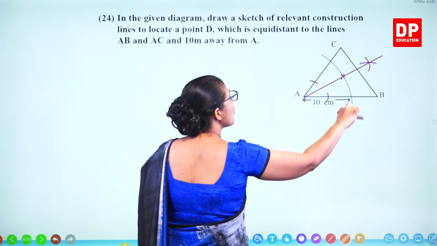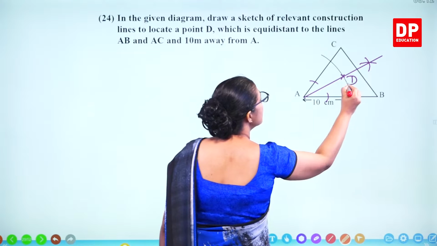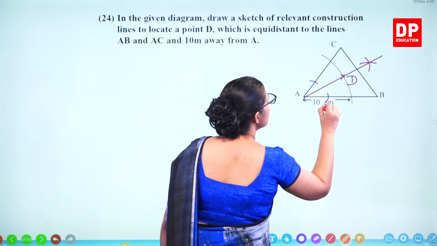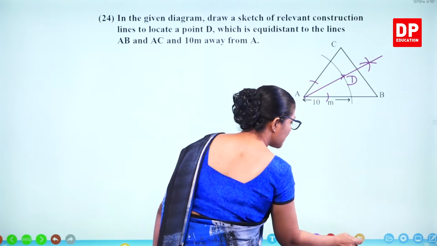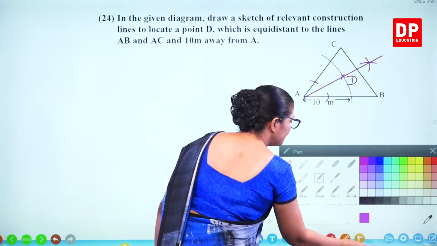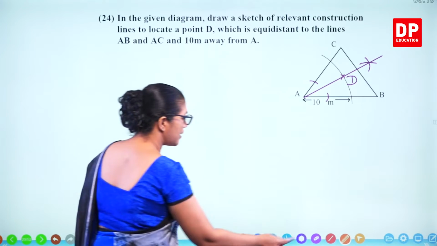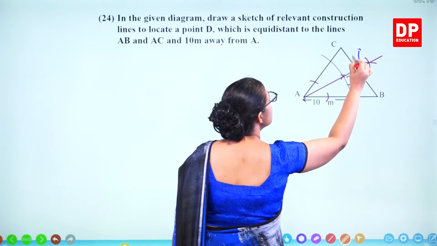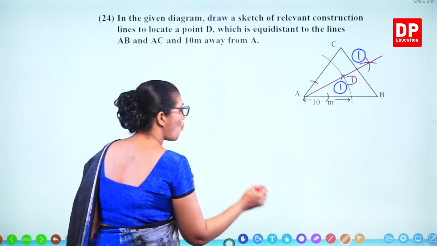When you draw this arc 10 meters away, D is here. So I'll delete this one. This should be in meters. So that's the D point. So marking the point D, angle bisector 1 mark, and the point 1 mark.